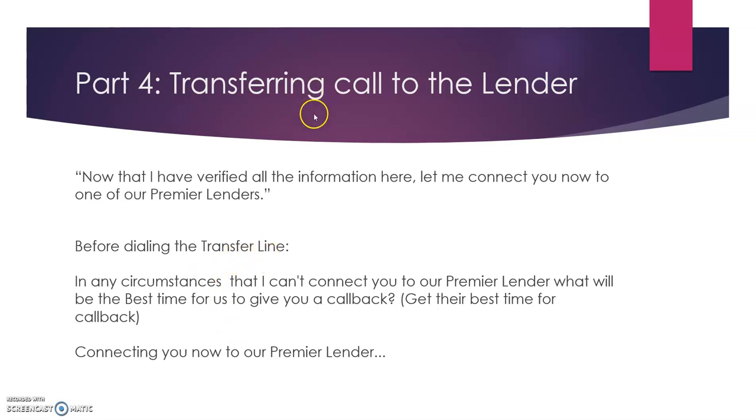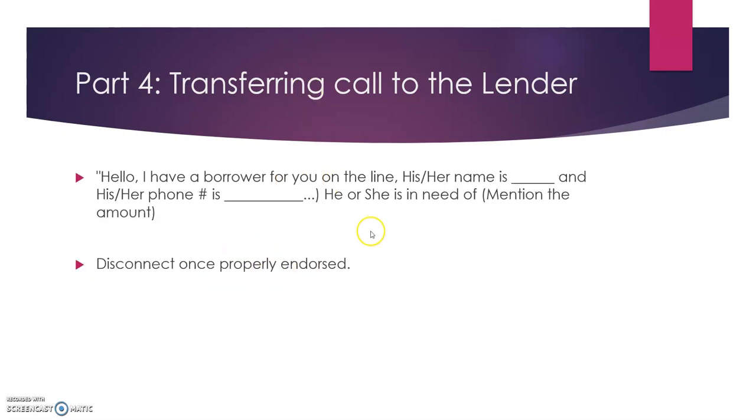Now, once the lender answers, this is the scripting. Hello, I have a borrower here. Hi, my name is Dave from EC Financing. Mention your name and where you're calling from. I have a borrower on the line. His name is John Smith. His phone number is 817 and so on, and he is in need of, let's say, $60,000.